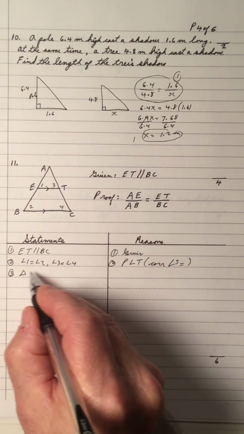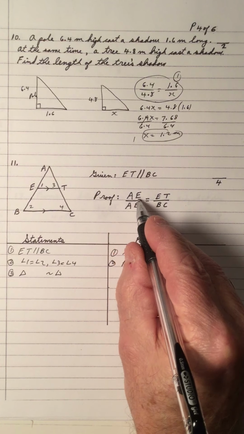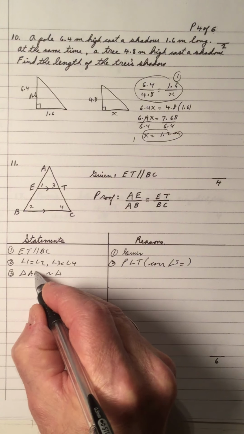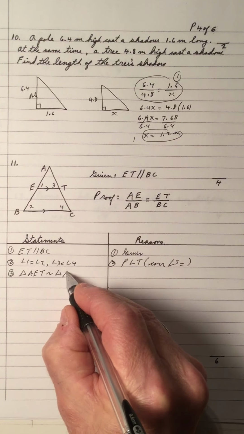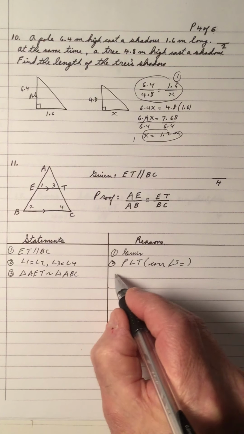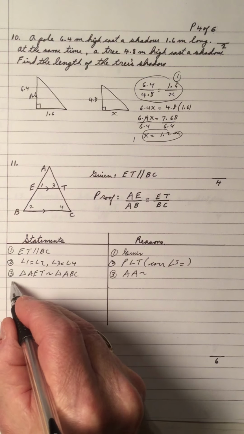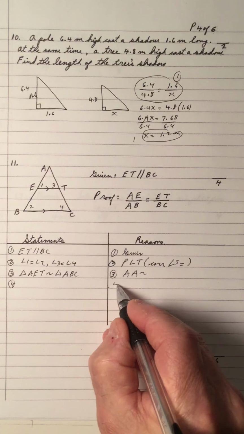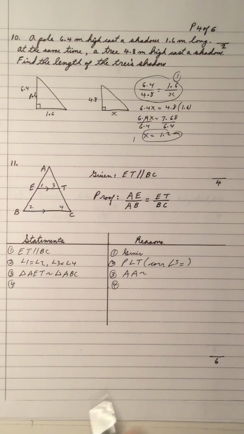So the triangles are similar. What triangle? Well, it's AET going with ABC. And that's AA similarity. And I have the triangles similar by 2 pairs of angles equal in each triangle.